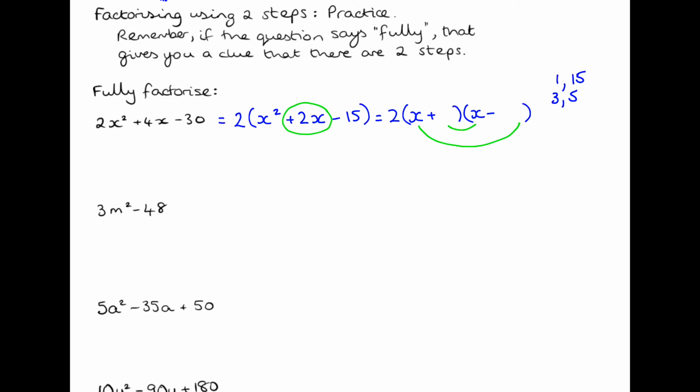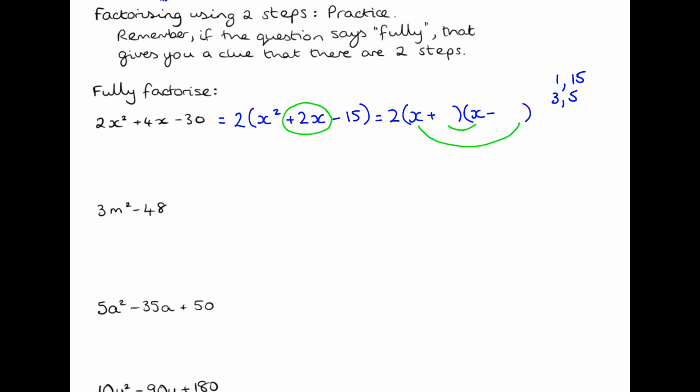If we put 1 and 15 in these brackets with different signs, there's no way we can make 2 out of that. All we'd be able to make would be either 14x or negative 14x. So it's clearly not that pair.